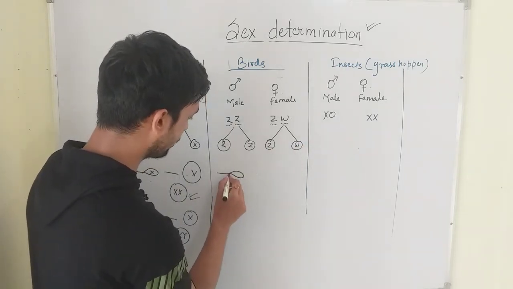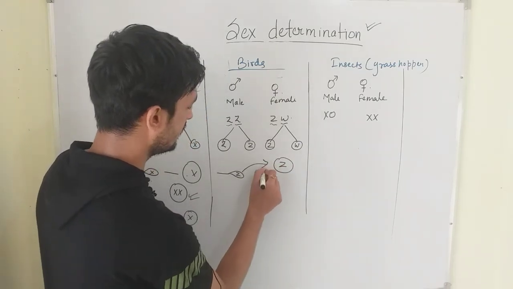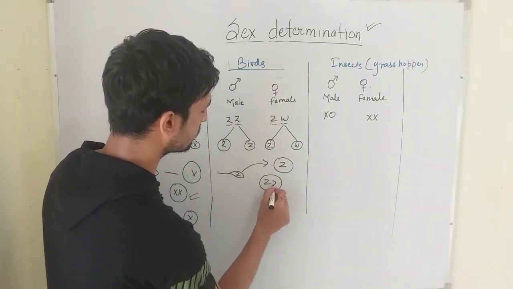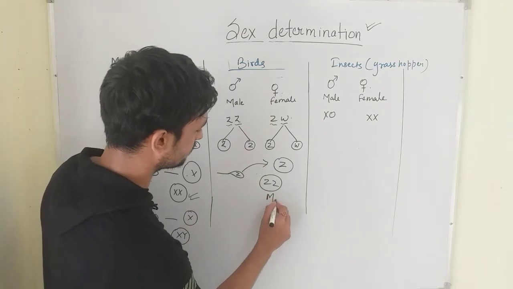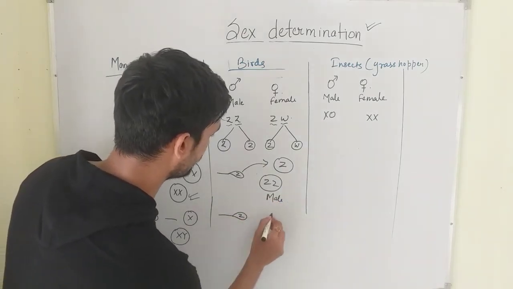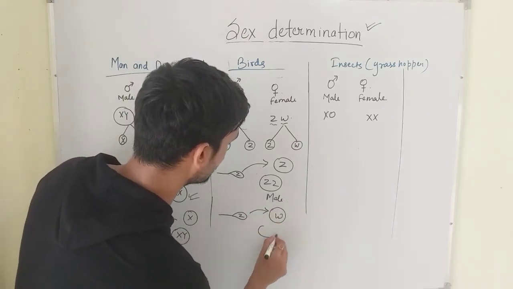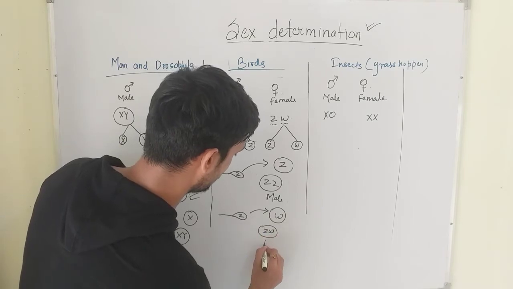If the sperm fuses with the Z type of egg, it will form a male, isn't it? It is very easy. And if the sperm fuses with the egg of W type, it will form a female.